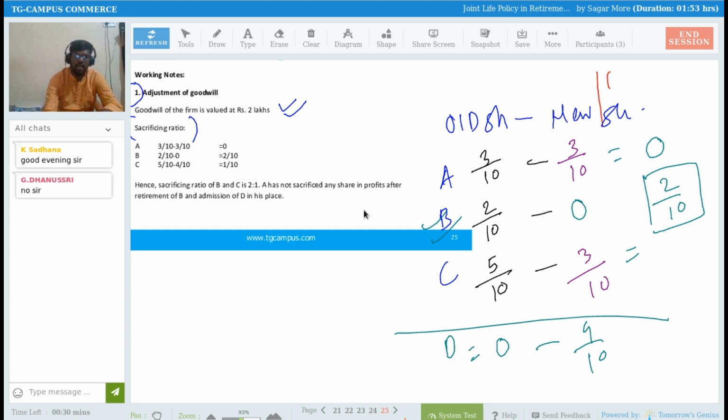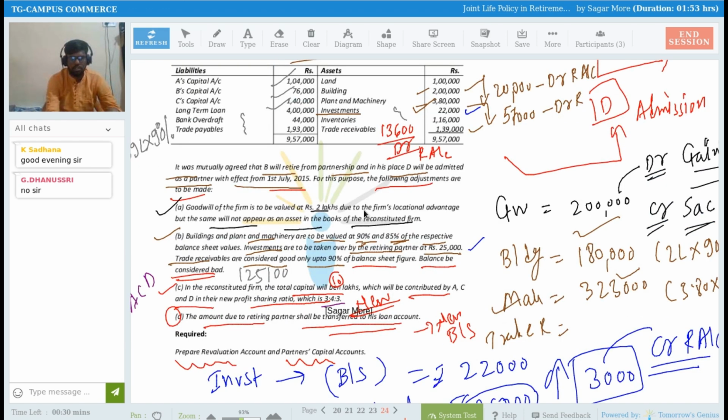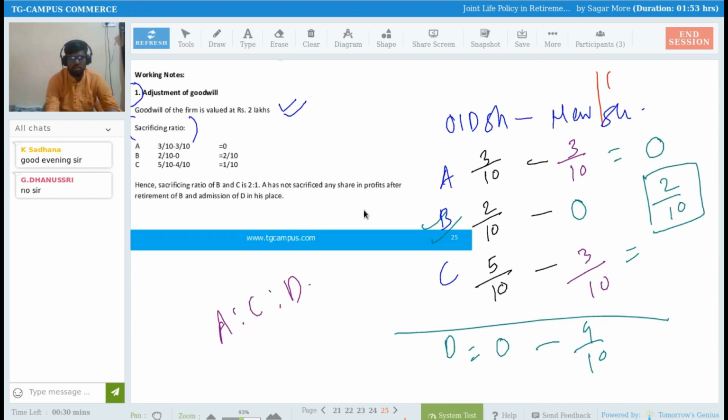So 5/10 is the old, and what is the new? See, the new partners are A:C:D, and their profit sharing ratio is 3:4:3. So that is nothing but 3/10, 4/10, and 3/10.